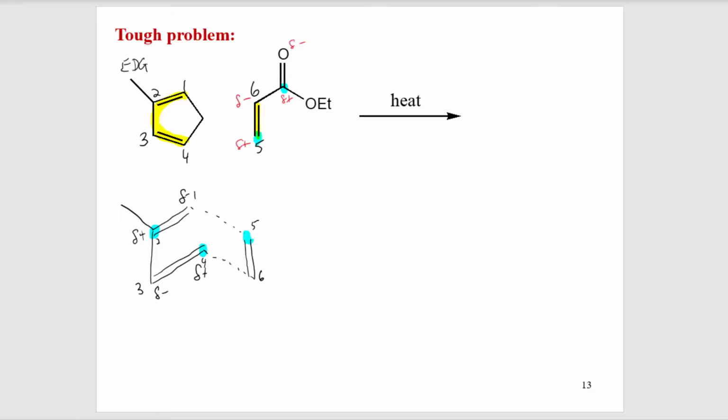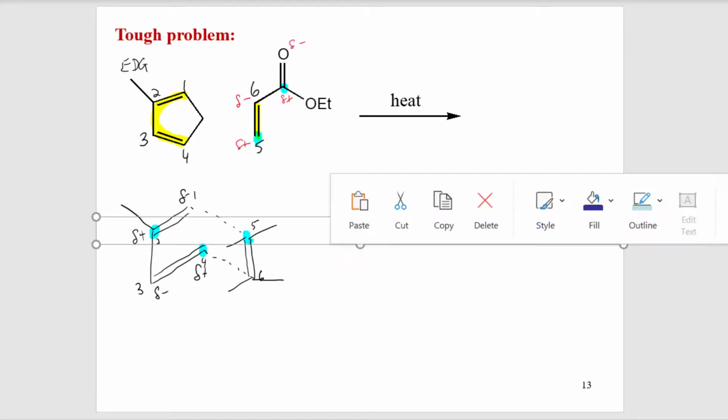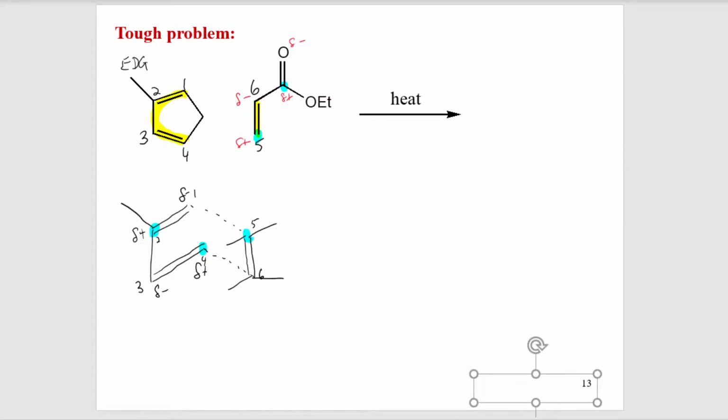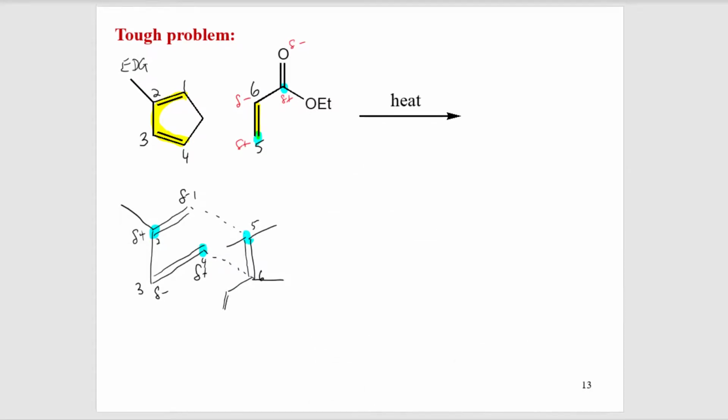Okay, now carbon 6 is the one that has the ester off of it. And I need to put that ester endo, right? Because I know that the p orbitals of this ester are going to have secondary orbital overlap with the back lobe.